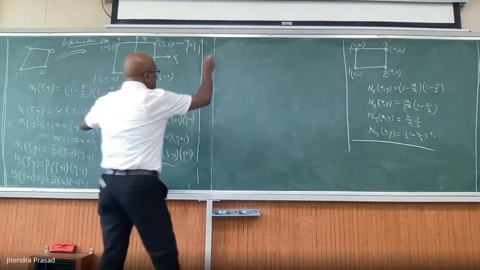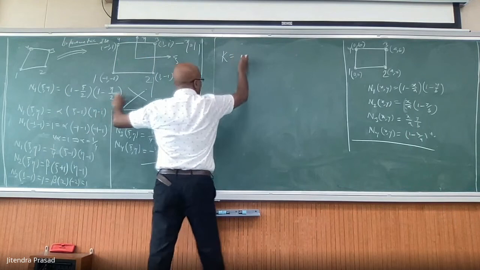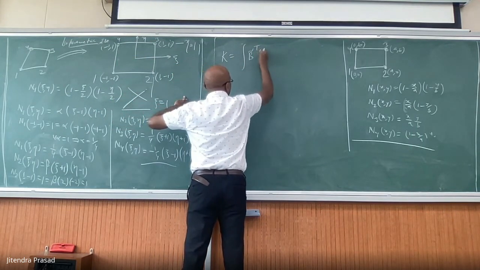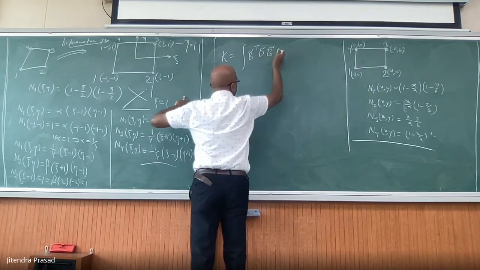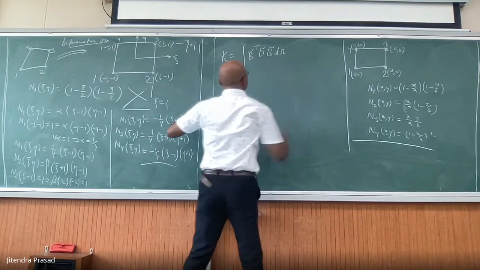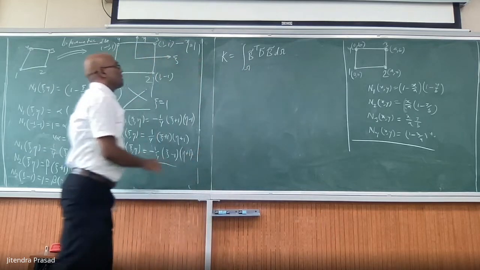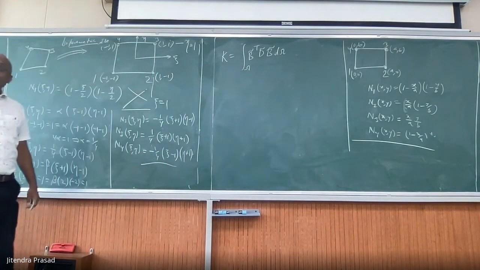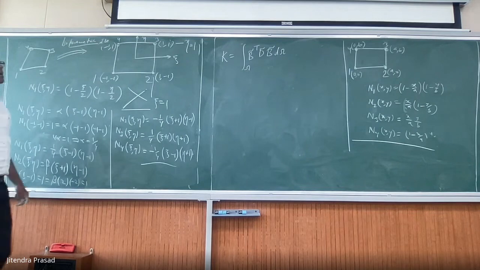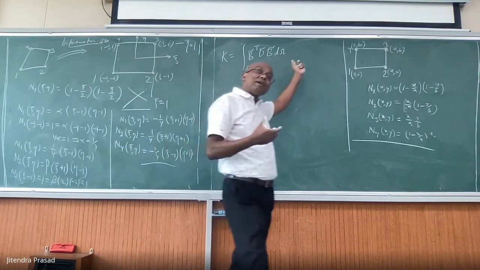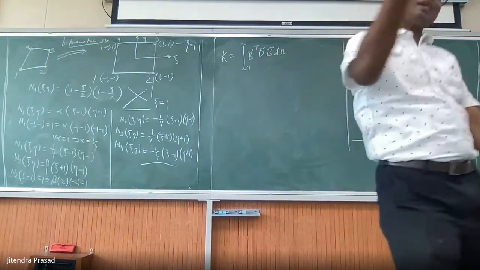Then you have the equation, and you have to find k, where k is equal to the integral of B transpose D B d omega. When you have that, then we have to compose B now, and remember this is in terms of xy coordinates. Now you have to convert to xi eta.